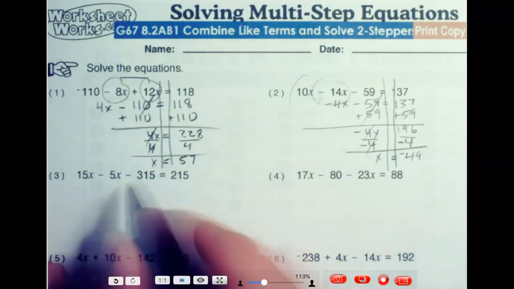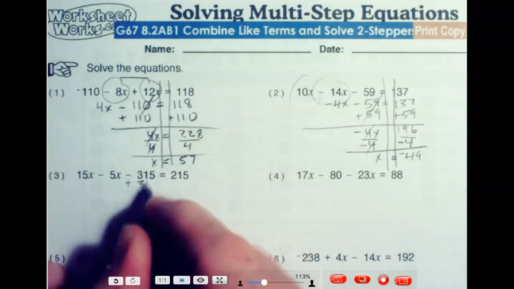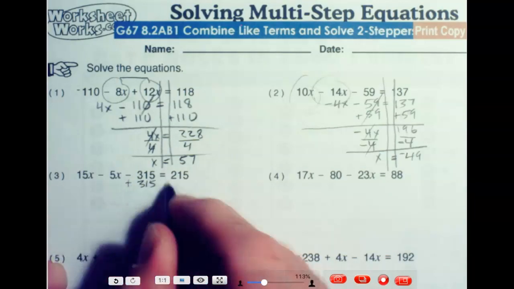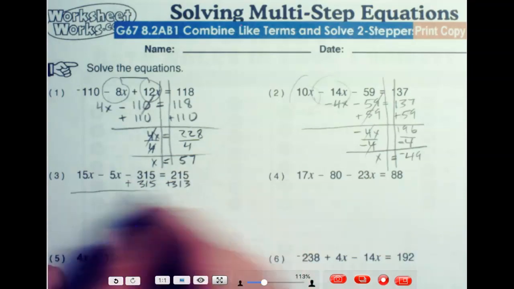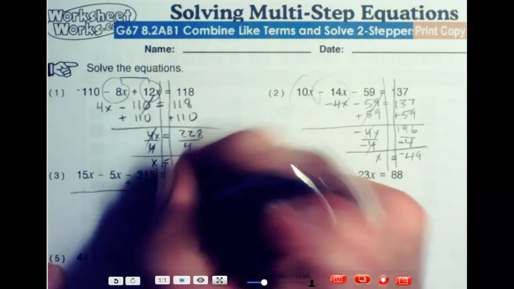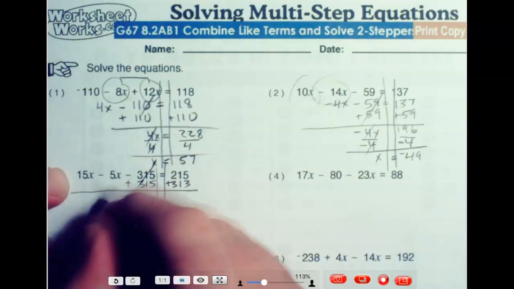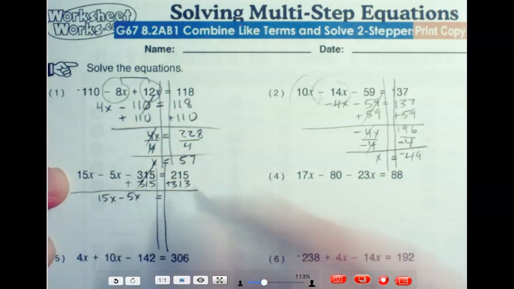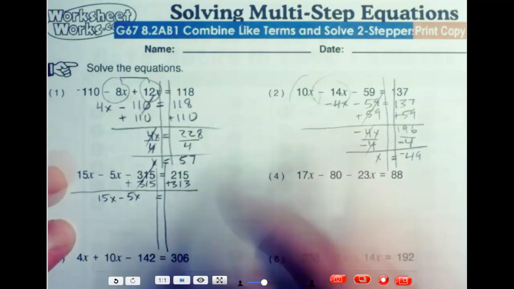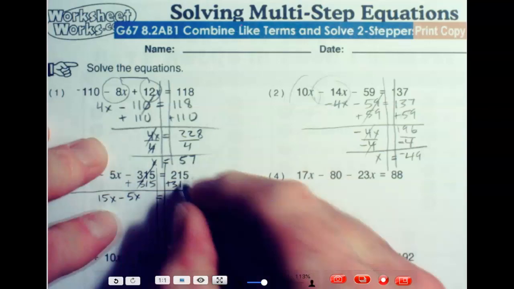You can use other things. You could add 315 here first if you want, and I'll just show you that. Make this into a bigger equation. And so these are going to cross off. So now you're going to have 15x minus 5x equals, it's the worst looking 5 I've ever made in my entire life, possibly. I've made some doozies.